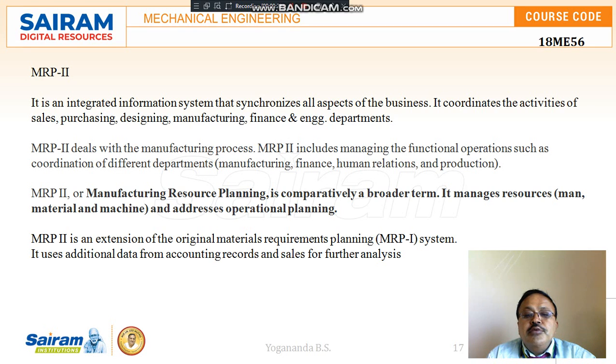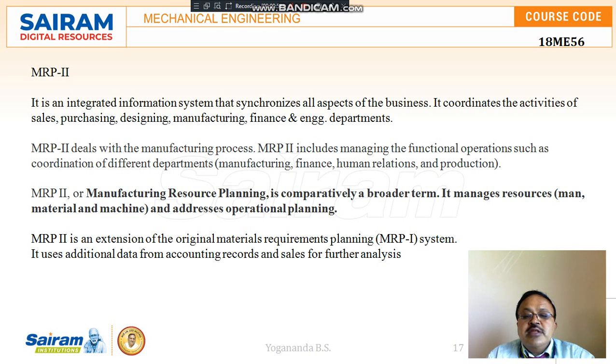So this includes managing the functional operations, that is coordinating the various departments like manufacturing, finance, human relations and production. So the activities of these departments will be coordinated. All the aspects of the business are getting synchronized using this integrated information system MRP2.